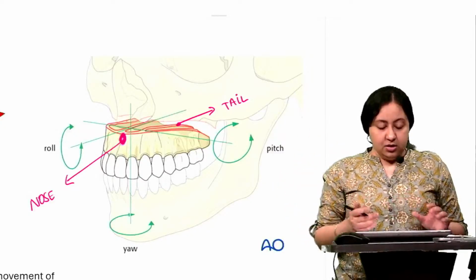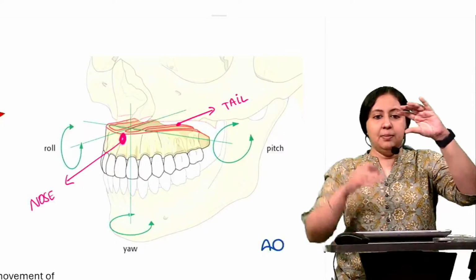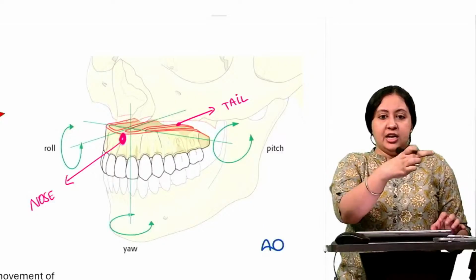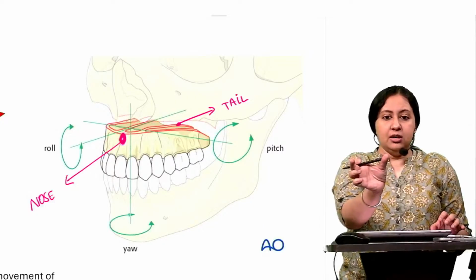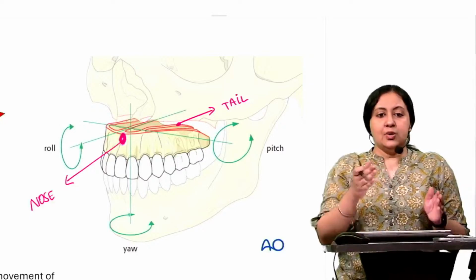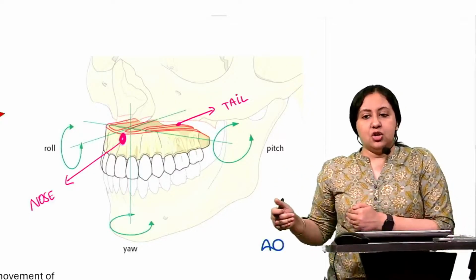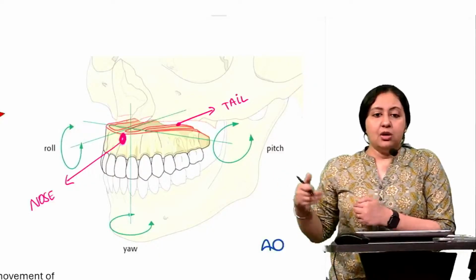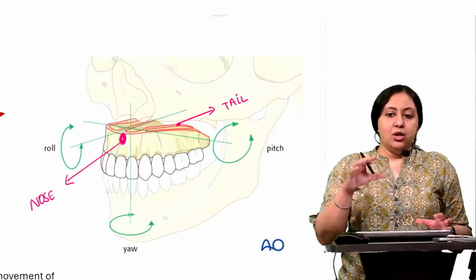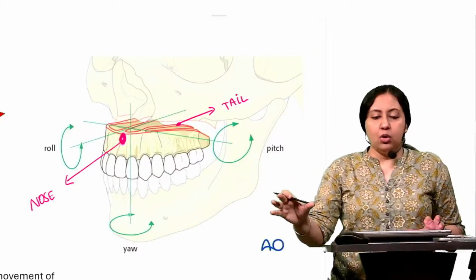You can take the anterior part of the maxilla up and tail down, left or right, and then clockwise or anti-clockwise. That is why there is a relation of yaw, pitch and roll to Lefort 1 osteotomy, or movements of the maxilla, because a Lefort 1 osteotomy can correct the yaw, pitch and roll.